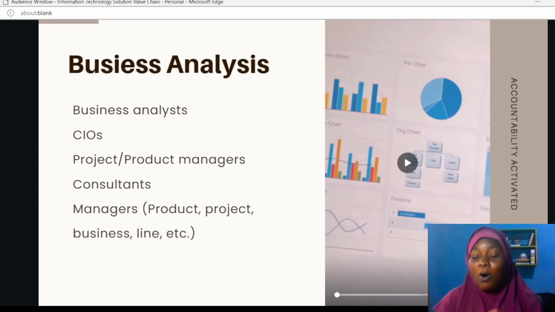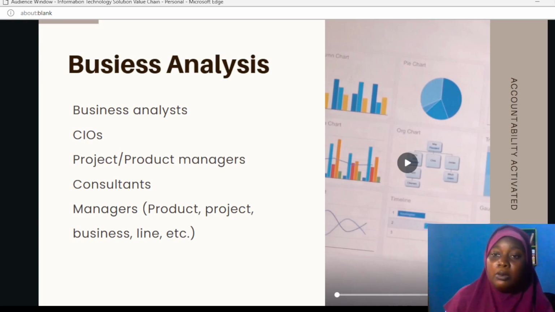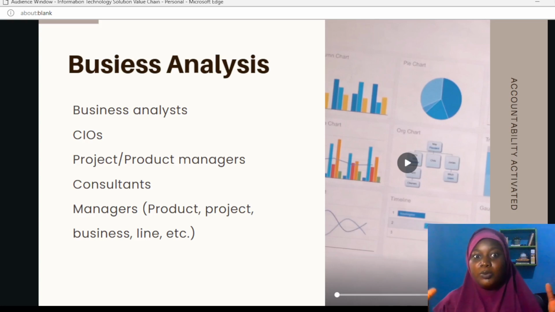All these factors come into play when people decide, okay, these are the people that we need to include in this business analysis phase. And if you're someone that enjoys solving problems, researching, coming up with new ideas, brainstorming, these are the skills that are essential in the problem definition and business analysis phase.